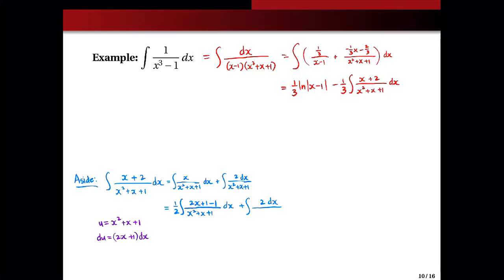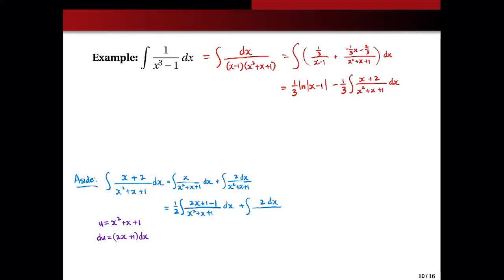To produce the plus 1, I'll add 1 and subtract 1. So I added 0, essentially. And now we have this. So what we're going to do next is to separate this 2x plus 1 from the minus 1.